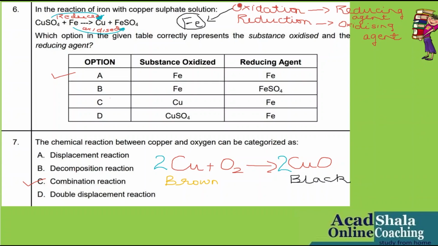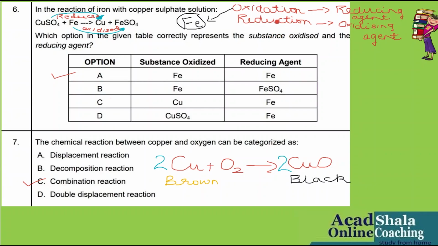Always remember, O will never be followed by O. So oxidation is a reducing agent, reduction is an oxidizing agent. If you know these tricks, you can solve this question in a fraction of a second.